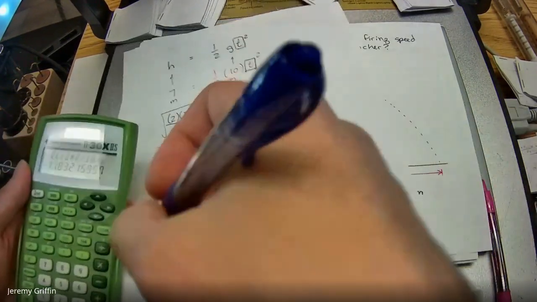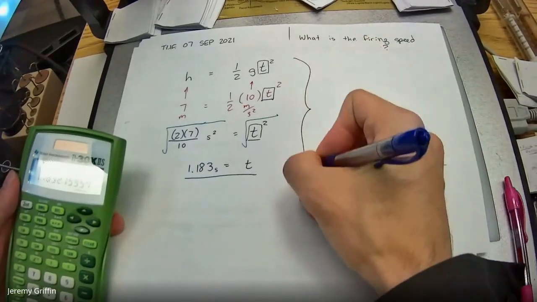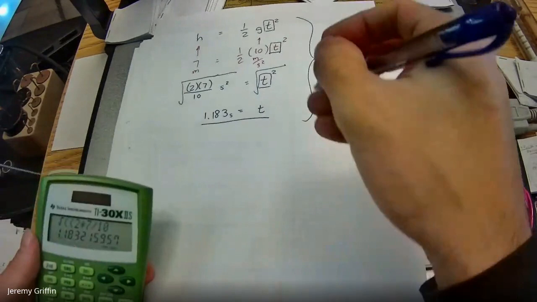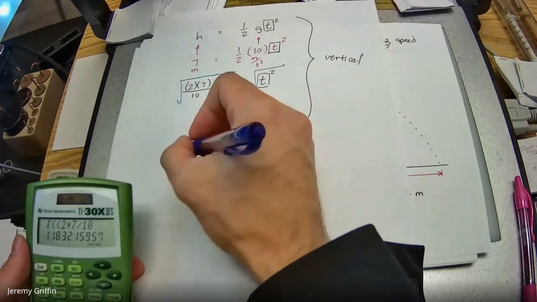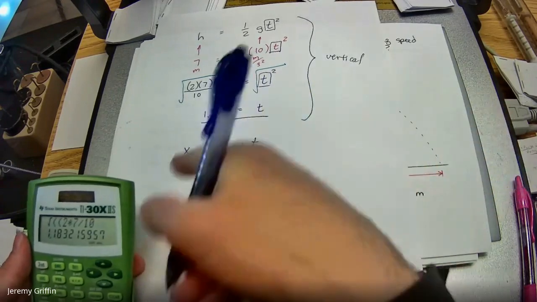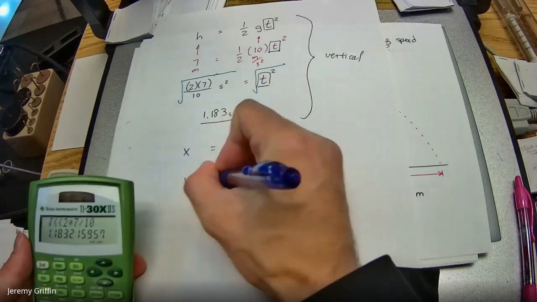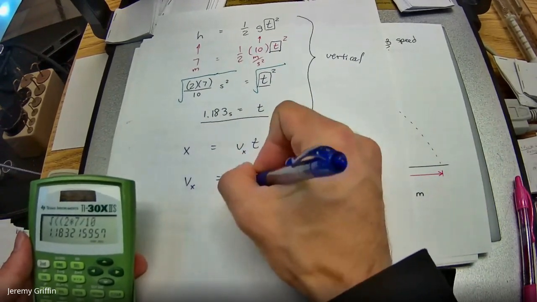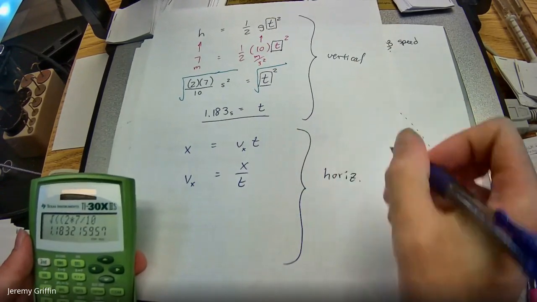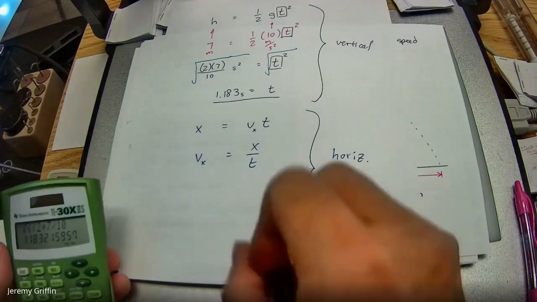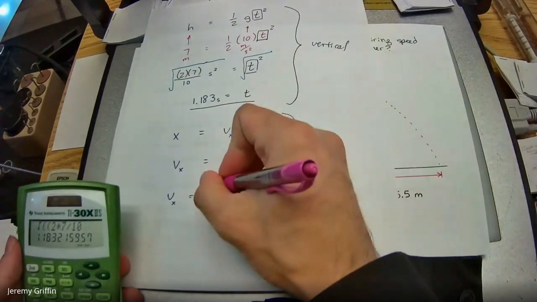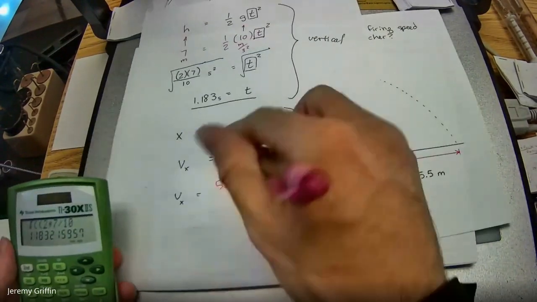All right. Well, now let's switch over and look at horizontal because all this stuff was all vertical. Now let's switch over to the horizontal analysis. You could either start with this, distance equals speed times time, just in the horizontal direction. Or if you want to rearrange it from the start, you say speed is distance over time. And this is all going to be horizontal. We've got, it went 5.5 meters across.